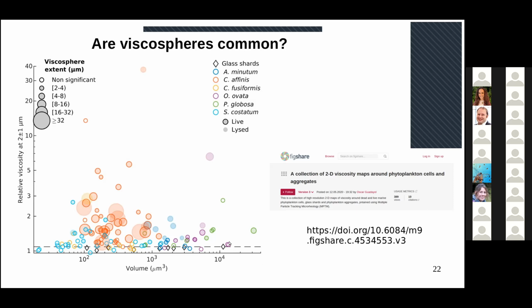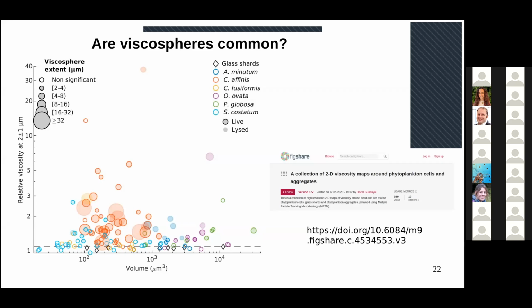That was a little bit surprising to us, because we were expecting a correlation between the viscosity of the water surrounding the cell and the extent of this viscous phycosphere with the size of the cell, but we didn't find any correlation. We did detect these viscospheres in almost all the species except for Cylindrotheca fusiformis.